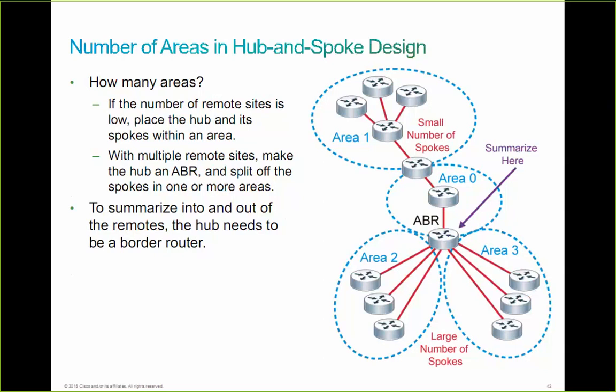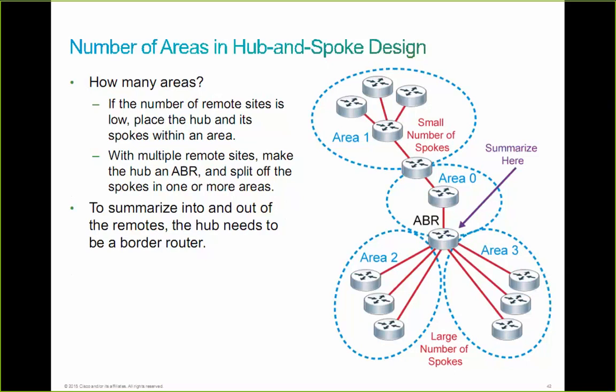If we have multiple remote sites, we can make the hub an ABR and then split off the spokes to one or more areas themselves. Now, whether we put one spoke in an area or multiple spokes into an area is going to completely depend on the number of routers, the number of routes, the number of links, and so on that are facilitating a particular spoke site.